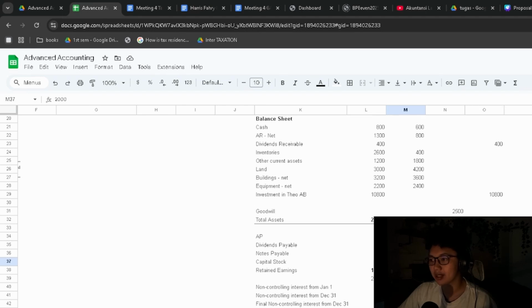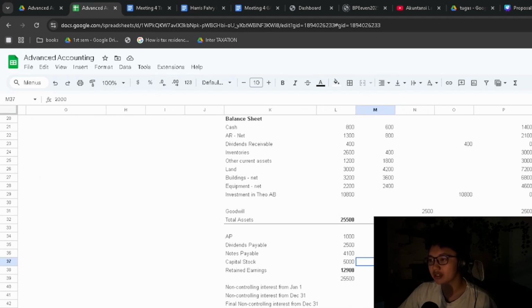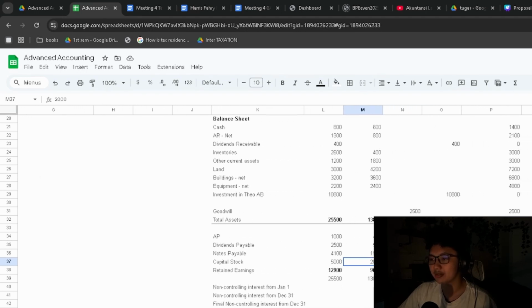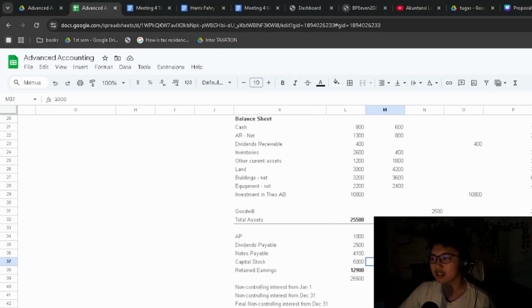Capital stock, maybe. Yeah, so this is also just the idea of transferring everything from the subsidiary to the parent, including capital stock as well. So that's why you have to cancel it. So you have just the capital stock of Liam, because now this belongs to this, right?